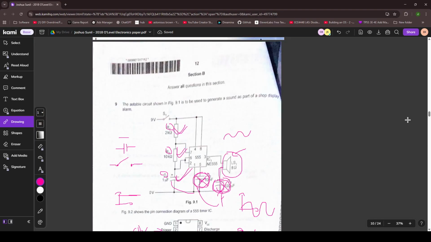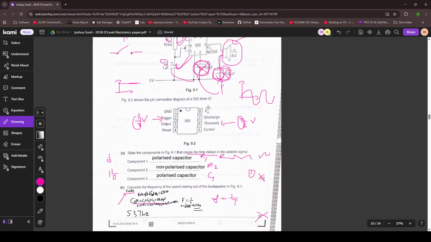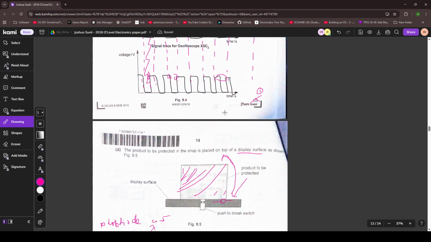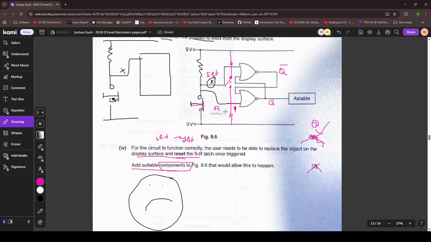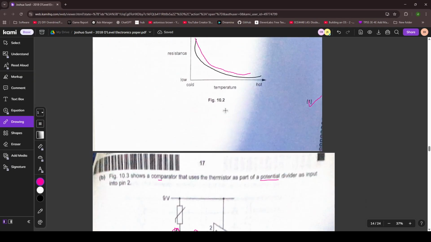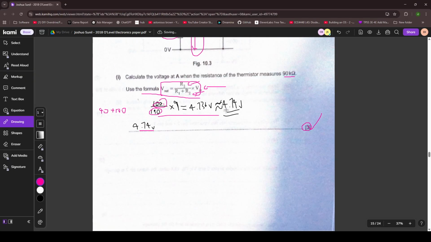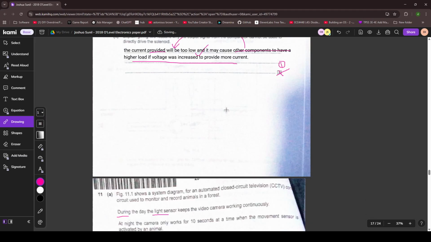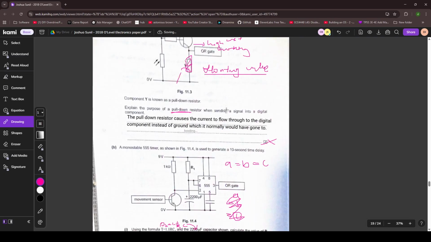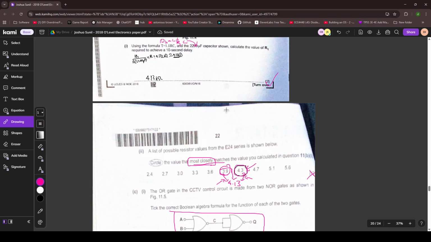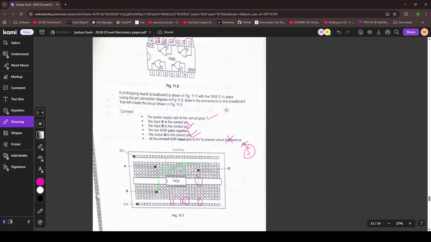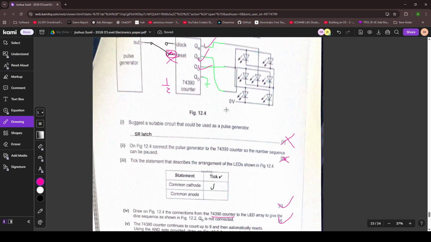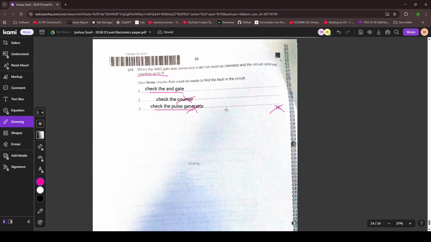Section B. Okay, I'm gonna tally up your marks now. So 1 plus 1 plus 2 plus 2 plus 1 plus 3 plus 2 plus 1 plus 2 plus 1 plus 1 plus 1 plus 1 plus 2 plus 2 plus 2 plus 5 plus 3 plus 1 plus 3.